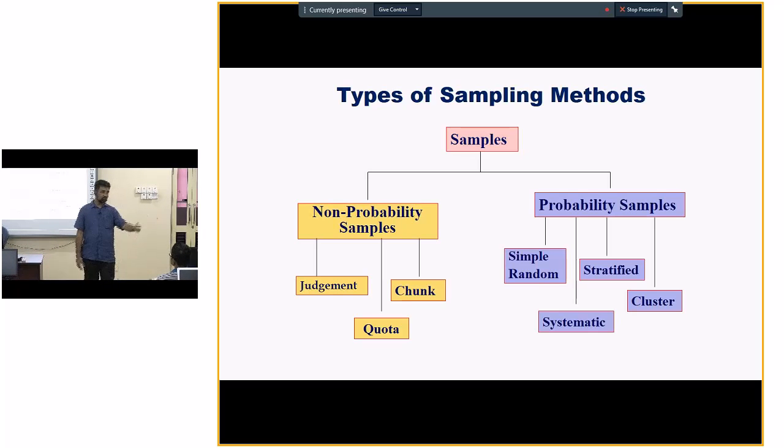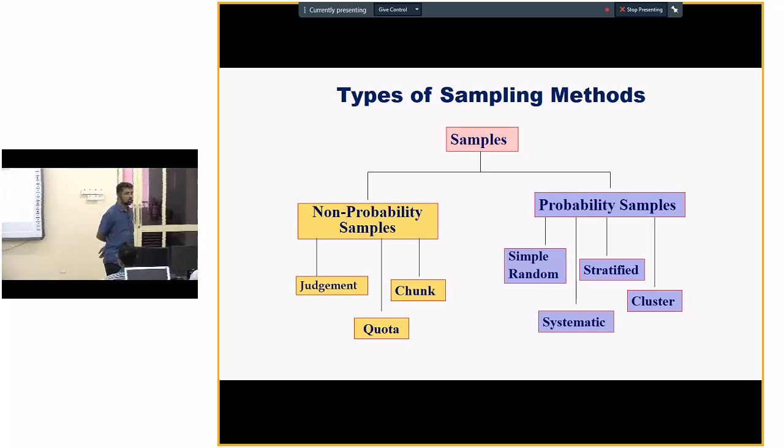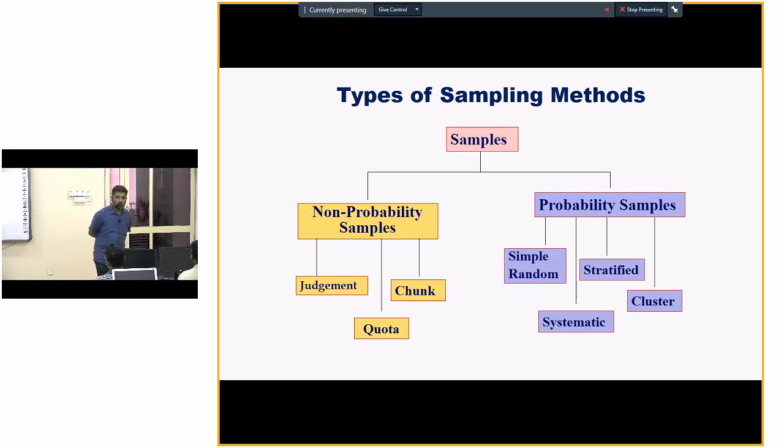Now, can I take an idea from you? What sampling method are you going to apply? 43 companies, all hotel companies. You have evidence from the hotel industry, so you can collect all 43 companies.